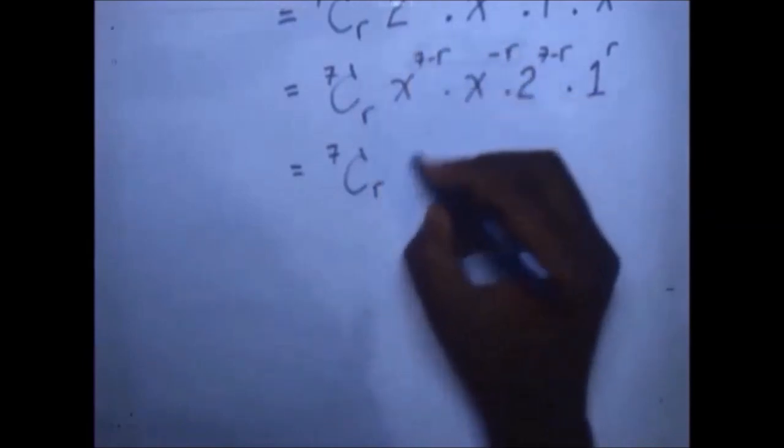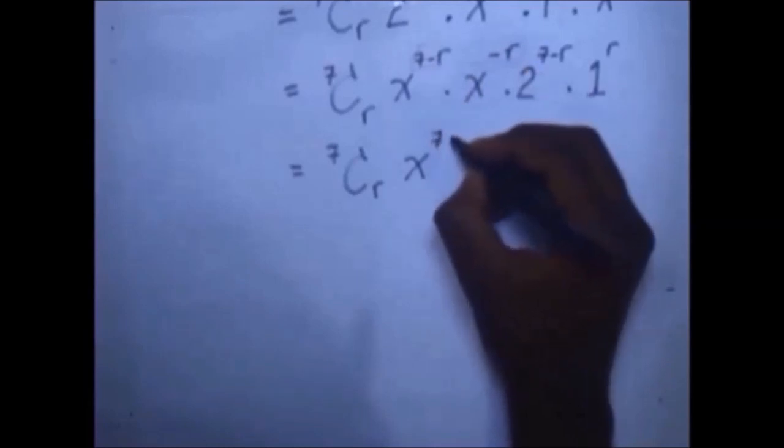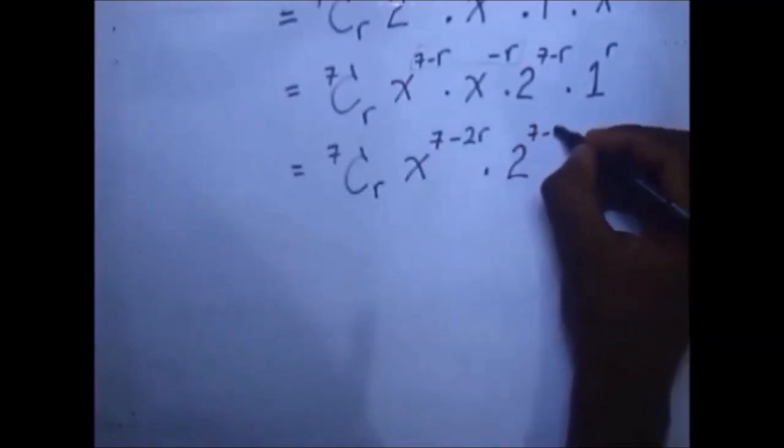So the base x is the same, and adding the powers you end up with 7 minus 2R, times these other constants, which is 2 to the power 7 minus R times 1 to the power R.